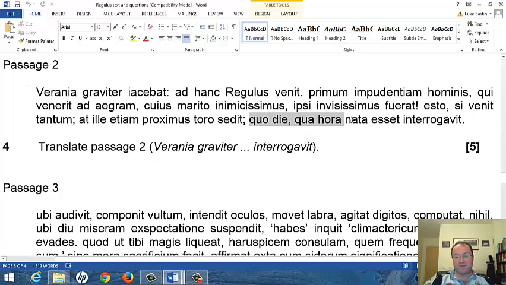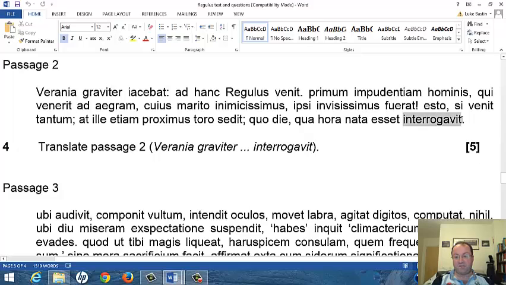Okay, well you have seen this for GCSE. This is a grammatical feature you need to know. These are indirect questions. Okay, and we've got two of them. Just as we had to imagine fuerat was in both clauses, just up here, we have to imagine esset is in both clauses down here. So you should be in your brain thinking quo die esset, qua hora nata esset, interrogavit.